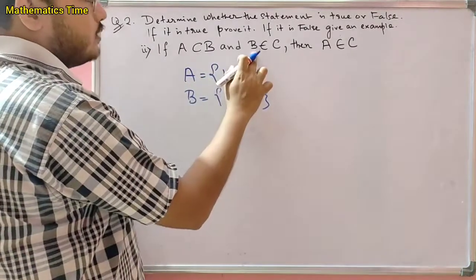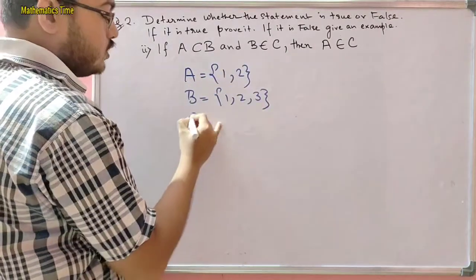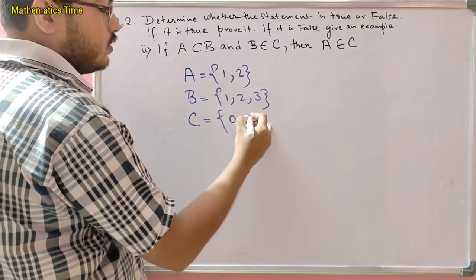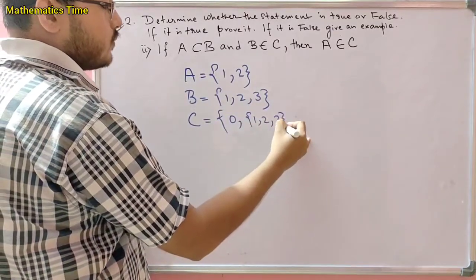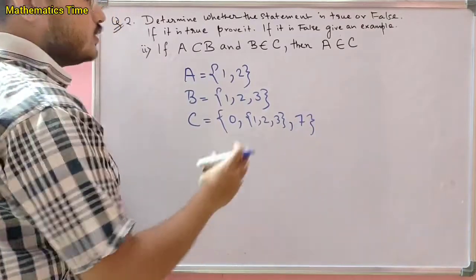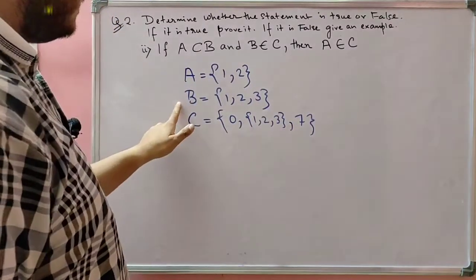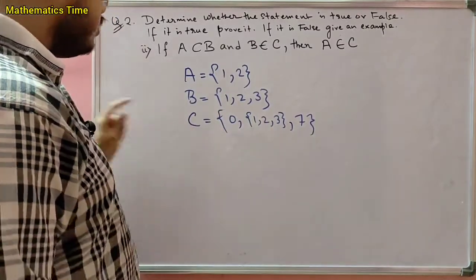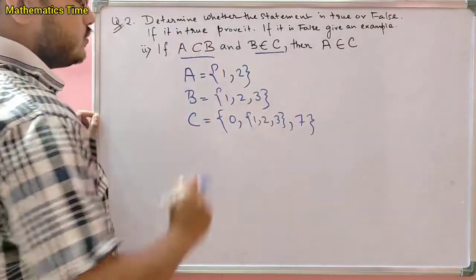Now it's written that B belongs to C. So the set C will be, let us assume, {0, 1, 2, 3, {1, 2, 3}}. This is the set C, and here B belongs to C. This element is actually B, so B belongs to C. Both statements are satisfied.